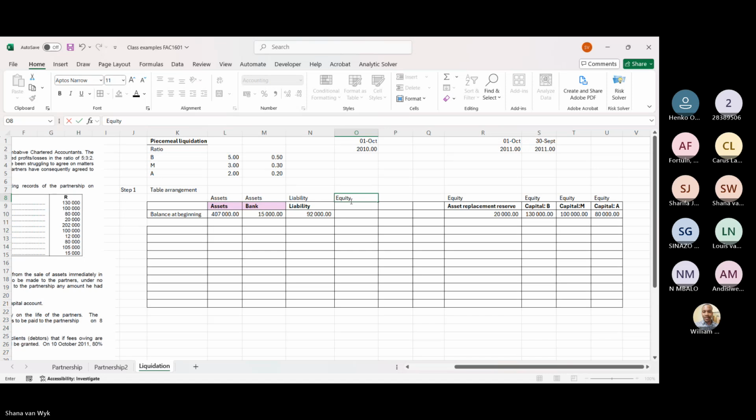Will we be deducting marks if we disclose them separately? As I learned, separate columns for each track it better rather than grouping it. But it doesn't matter. And the asset replacement reserve, we also add this one under capital.